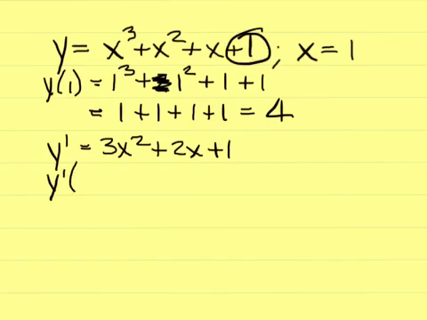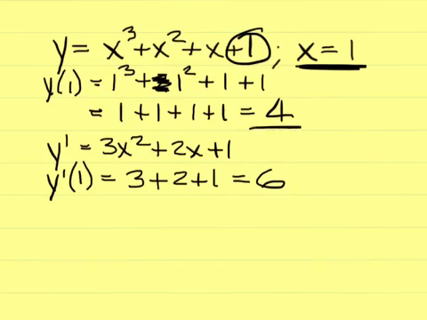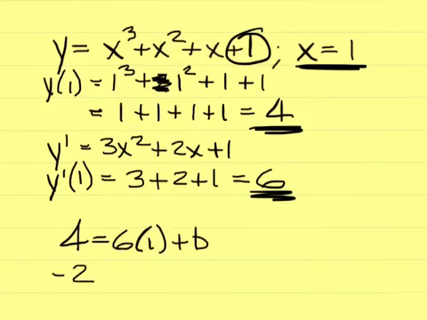Evaluate y prime for 1, you'll get 3 plus 2 plus 1, which is 6. X value, y value, slope. 4 equals 6 times 1 plus b. Clearly, b will be negative 2, so your answer is y equals 6x minus 2.